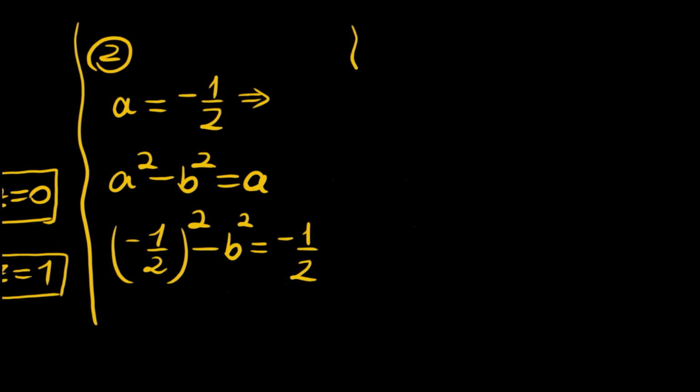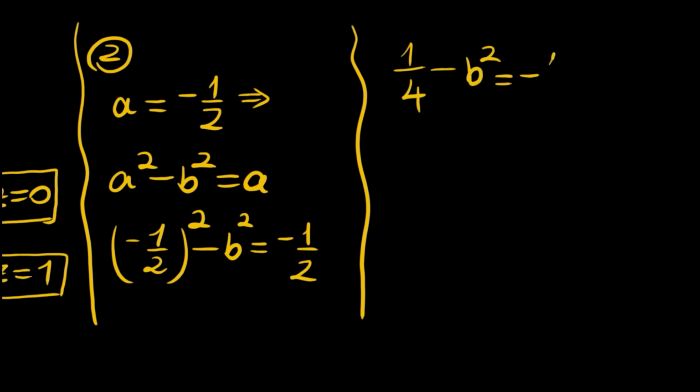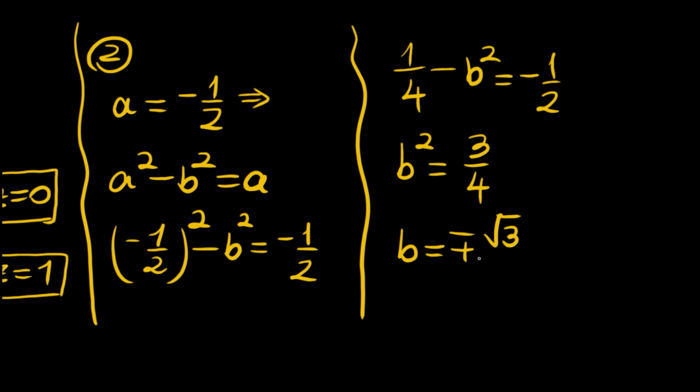So we have 1/4 minus b squared is equal to negative 1/2. So b squared becomes 1/4 plus 1/2, that is equal to 3/4. So square rooting both sides, b becomes plus minus square root of 3 over 2.